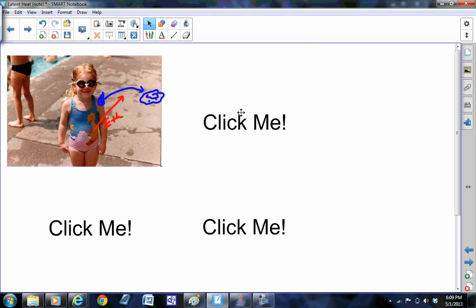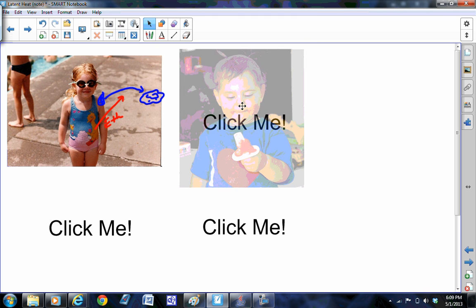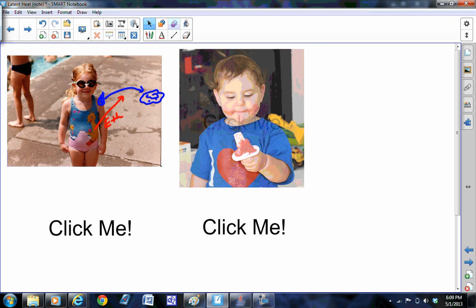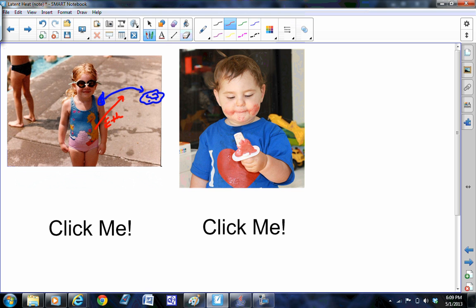Another situation similar to this is this boy over here. Now this boy is eating a popsicle. A popsicle is made up of a solid. So here's a little solid. What's going on in this situation is we want to take the solid and change it into a liquid. So it's going to be melting inside of his body, maybe even inside of his mouth.